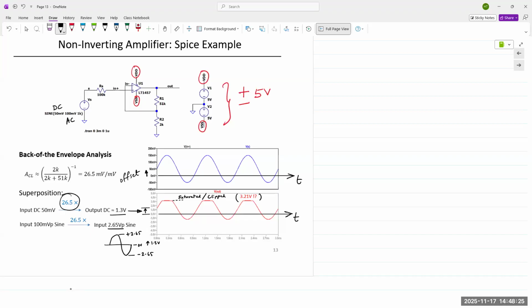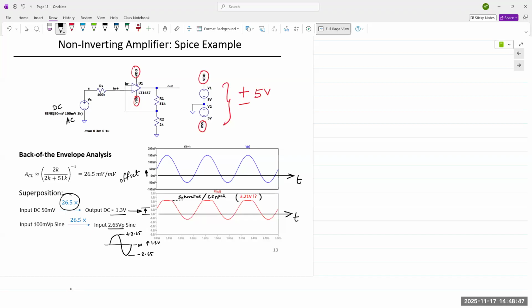So the clipping occurs because, let me understand the question first. Is your question why it is clipping, or why it is clipping at 3.2? Does everybody understand why it clips in general?